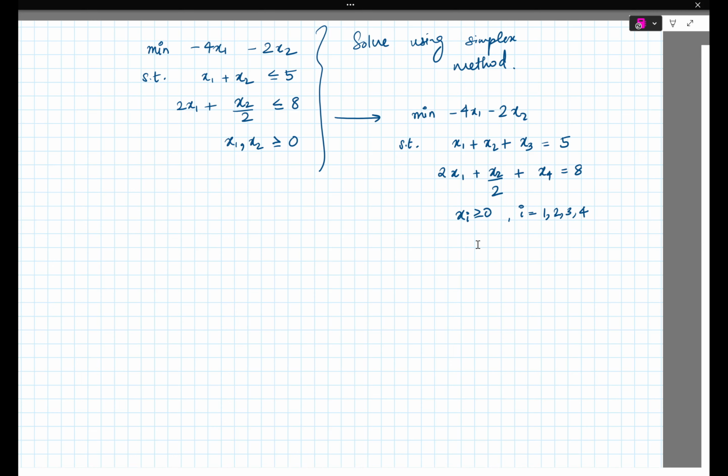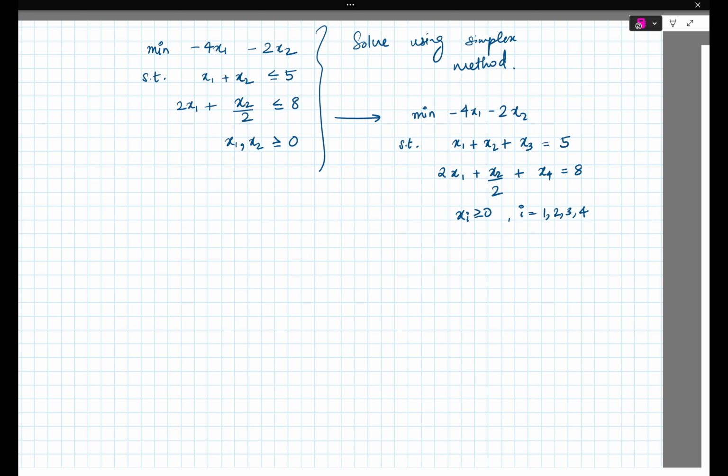And we need to do the simplex. Okay, so for the simplex we need to write the table. We also need to be clear about why we are making the table, what the entries are, and why they are like that.